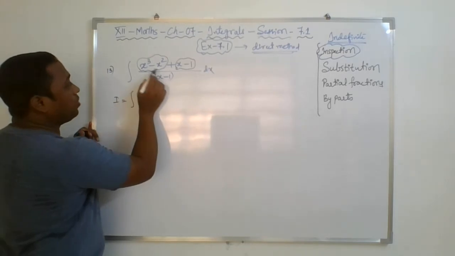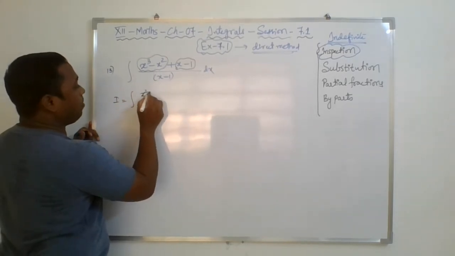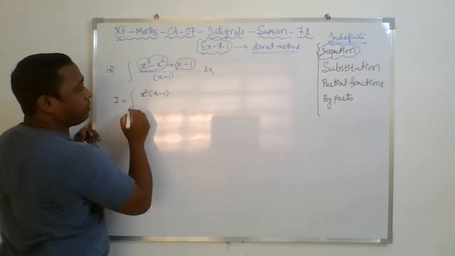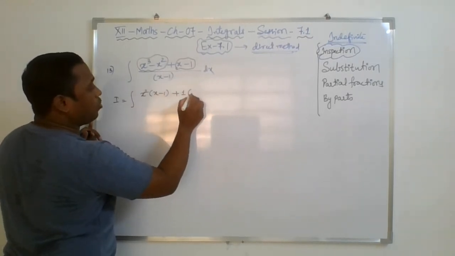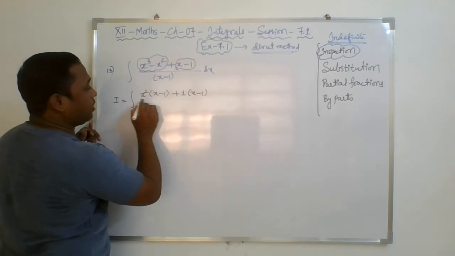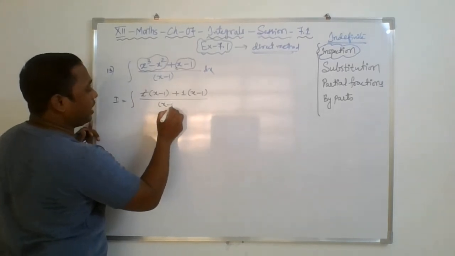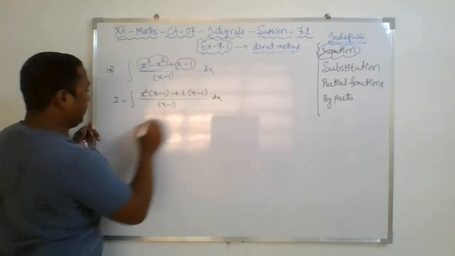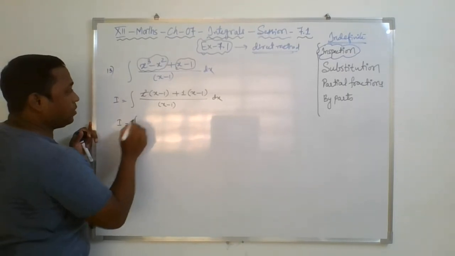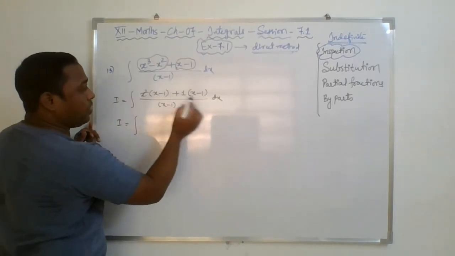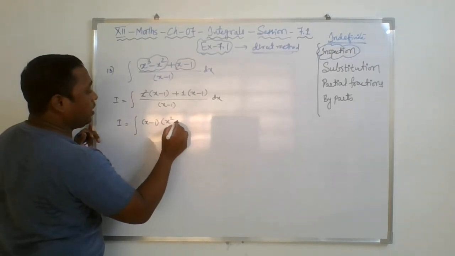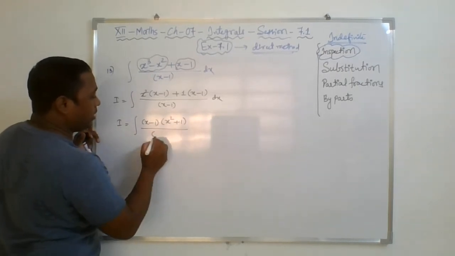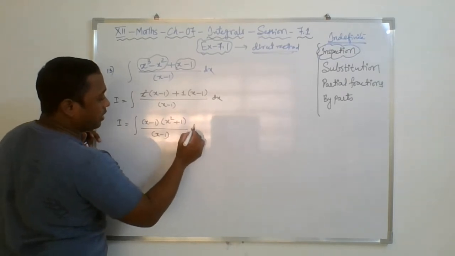So I is equal to, if I take x square as a common factor, what is left? x minus 1. And then here I can write 1 as a common factor, x minus 1. And the denominator still same, carry on, dx. Now I is equal to, here x minus 1 is a common factor, and we are left with only x square plus 1 by x minus 1 dx.